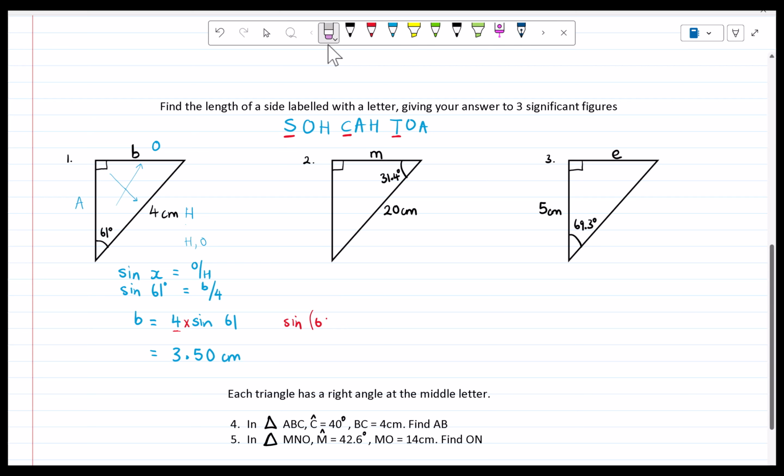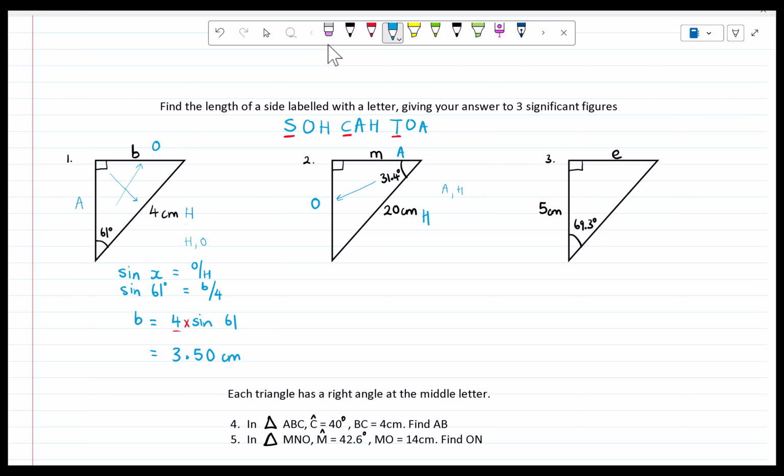If we look at example number 2, we are given M and we have the angle 31.4 degrees. The side opposite the angle is the opposite, this side is the hypotenuse, and what we have here is the adjacent. So what we want to work with is the adjacent and the hypotenuse.